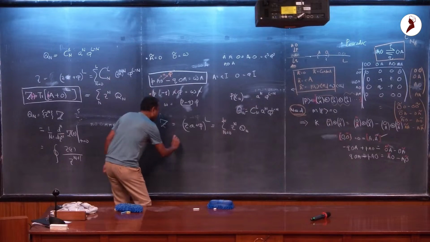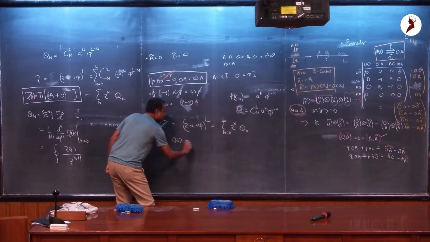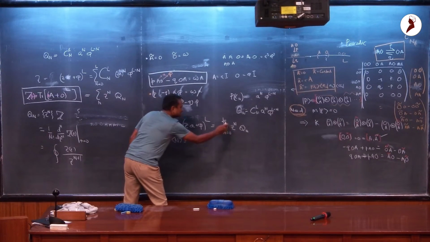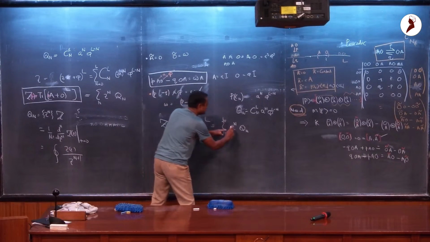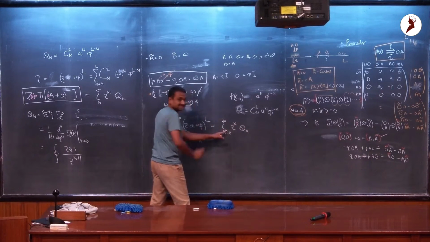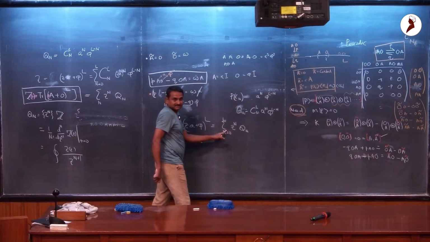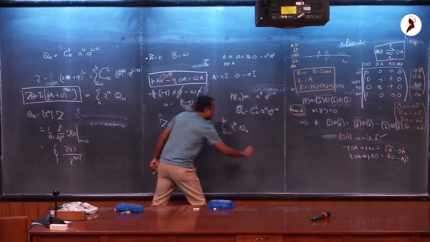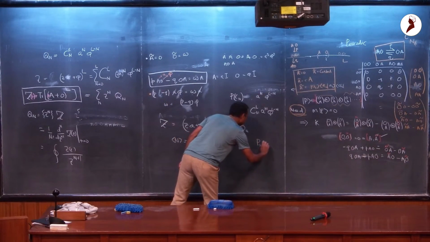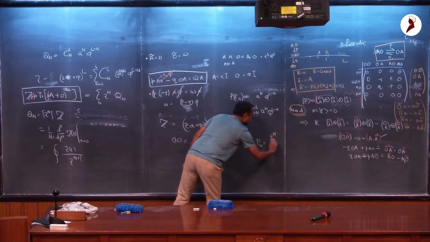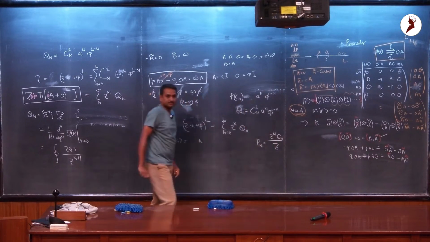So if you want to find n average, you want an n here because your probability is z to the power n Qn divided by capital Z. So your probability of having n particles is z to the power n Qn divided by capital Z. That is your probability.